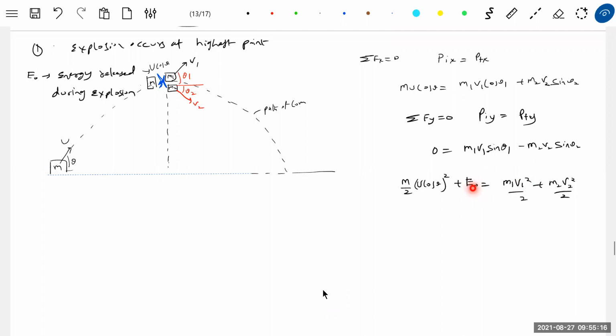So there is no rule that the whole energy should be converted into kinetic energy of fragments. If I say that half of the energy released is converted into kinetic energy of fragments, you should write E naught by 2. So what is the energy released during explosion?